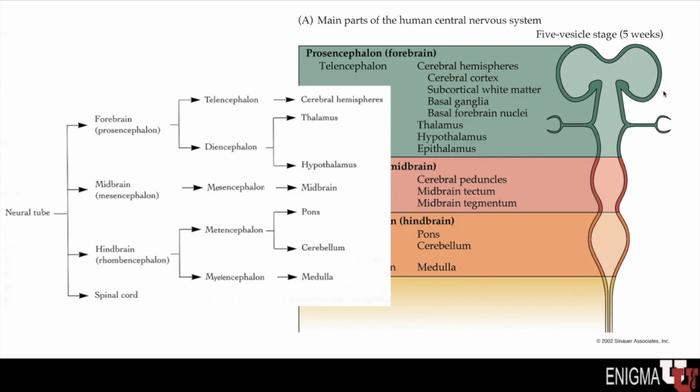These will later become the cerebral hemispheres. And here we have the precursors to the thalamus and the hypothalamus and so forth. The midbrain here includes the cerebral peduncles, the tectum and tegmentum that will develop later on. The hindbrain later becomes the pons and the cerebellum, as well as the medulla oblongata. And then down below, this is the precursor to the spinal cord.